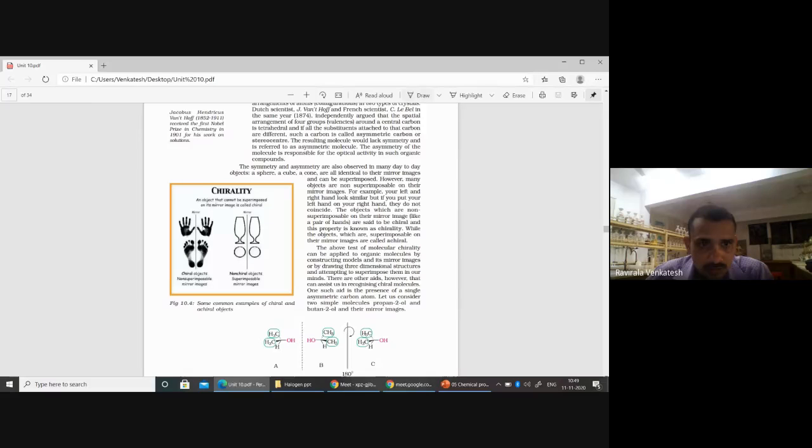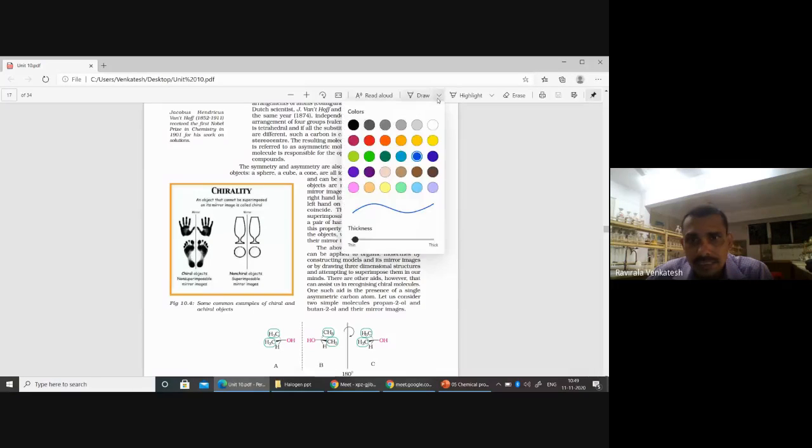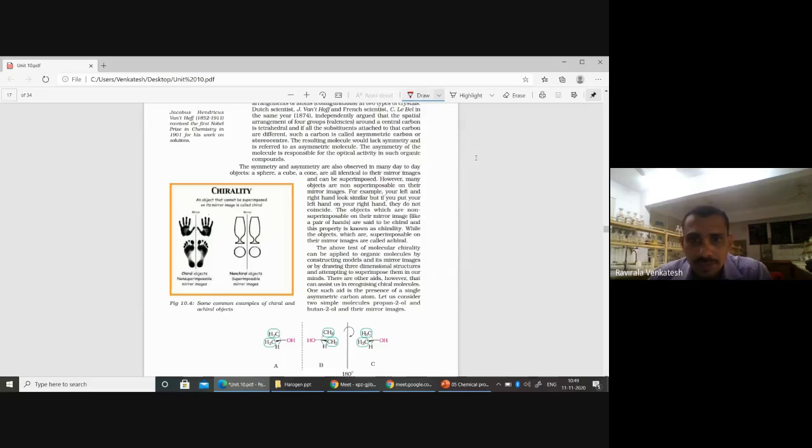These hands are non-superimposable mirror images here. If you observe this part, these are non-superimposable mirror images here. Non-superimposable mirror image, non-superimposable mirror image. Then they are called what?